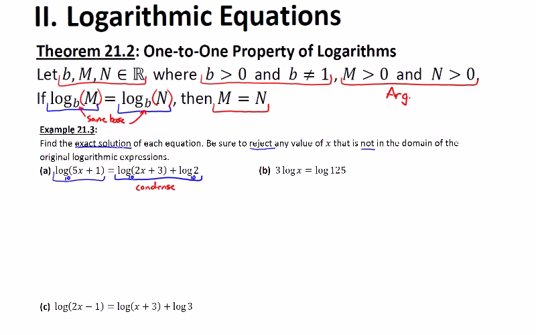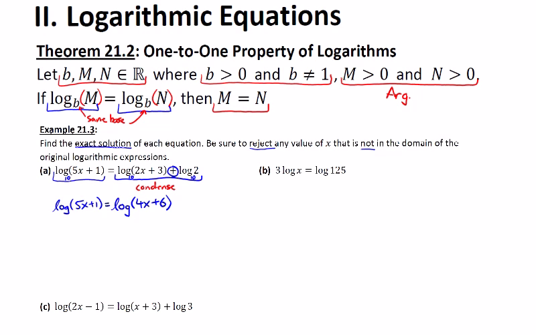So I'm going to copy down the left-hand side, log of 5x plus 1, and then the right-hand side has addition in between these two logs, which means I can combine them together with the arguments being multiplied. So this is going to become log of 4x plus 6.